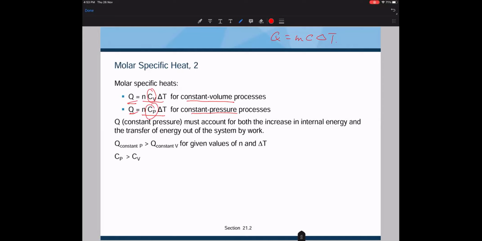Now, how would you expect the two processes to occur?